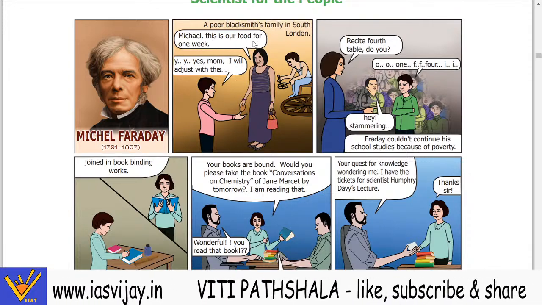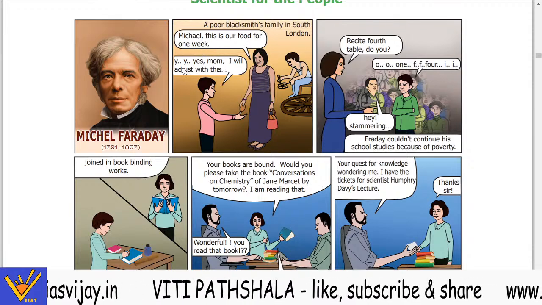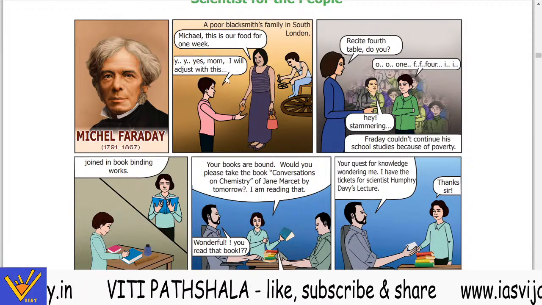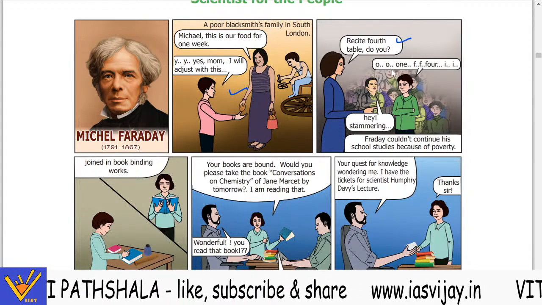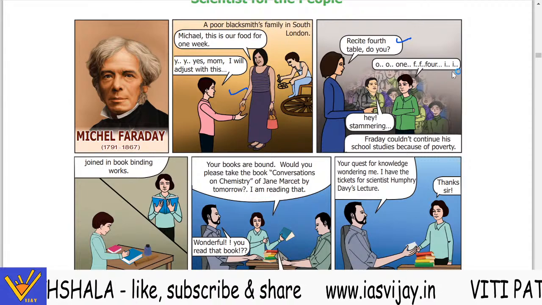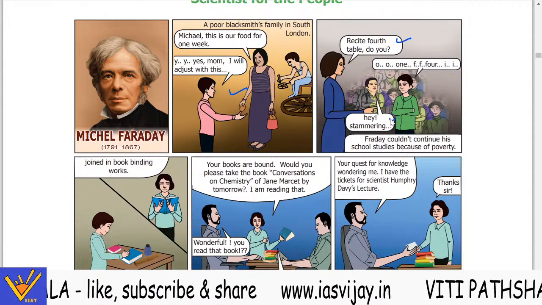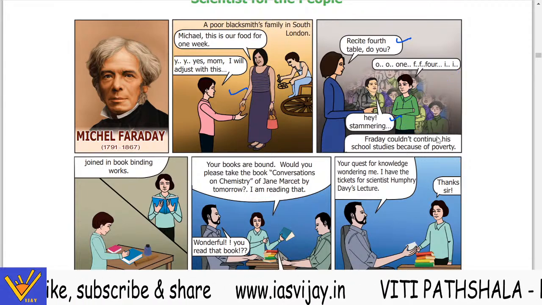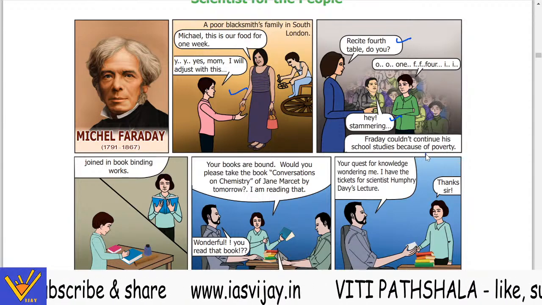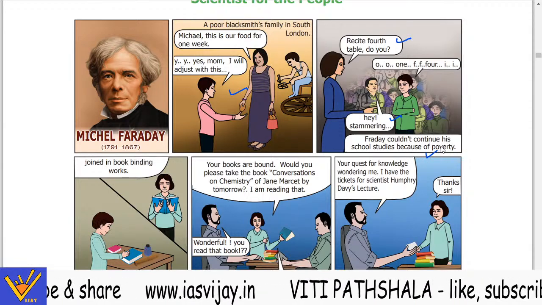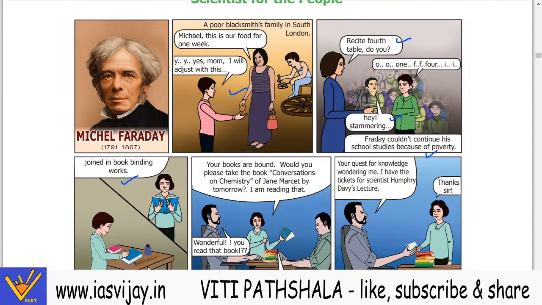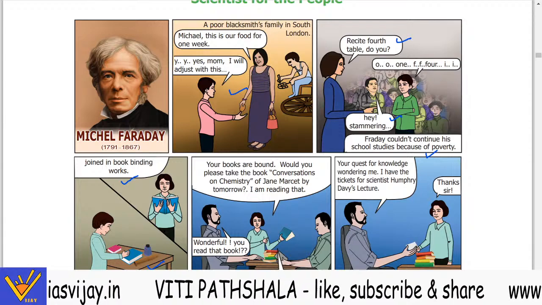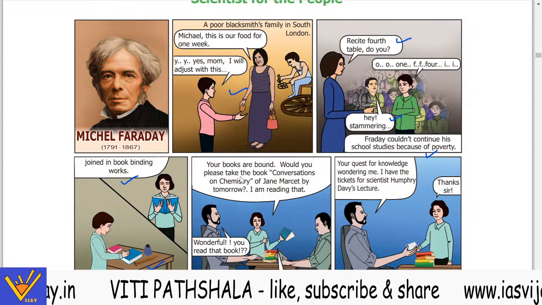Michael, this is our food for one week. Yes, mom, I will adjust with this. Recite the fourth table, do you? 0, 0, 1, 4, 4, I. He is stammering. Faraday couldn't continue his school studies because of poverty. Now he joined a bookbinding works and used to read those books in his leisure time.